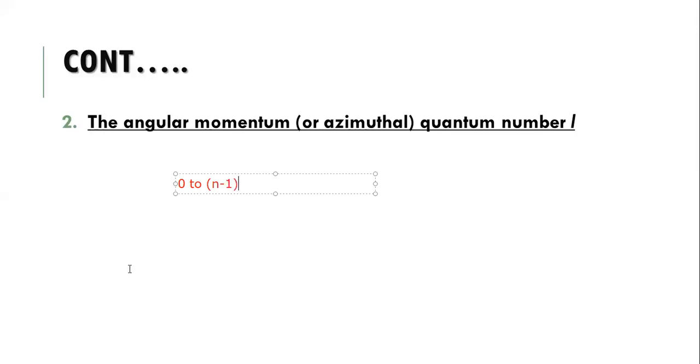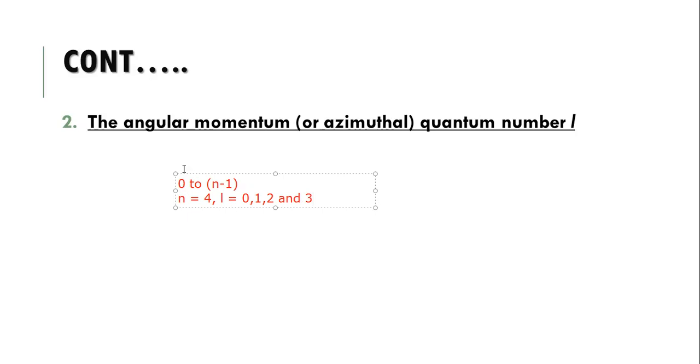So if your n is equal to 4, what is your azimuthal quantum number? Your L is equal to 0, 1, 2, and 3.